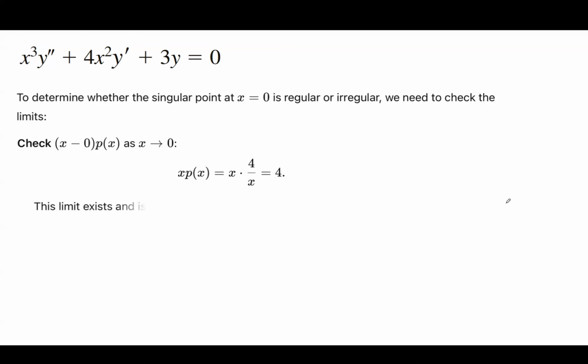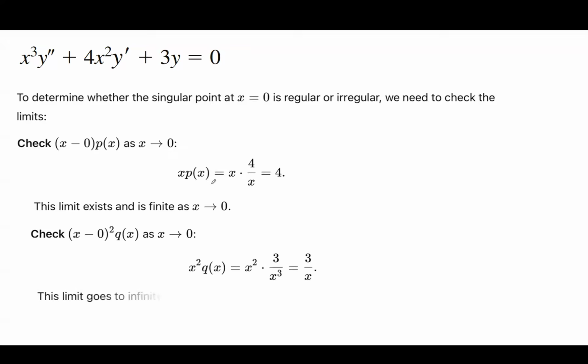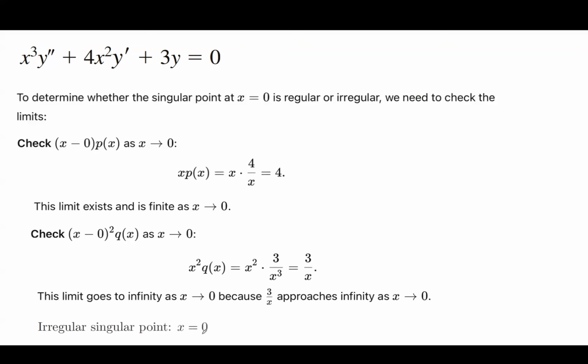This limit exists, so we don't have any issue with x times p(x). But if you take the limit of x squared times q(x) as x goes to 0, unfortunately, you end up with x in the denominator. When you're taking the limit as x goes to 0, this limit goes to infinity and the limit doesn't exist. So you can say that at x equals 0, we have an irregular singular point.